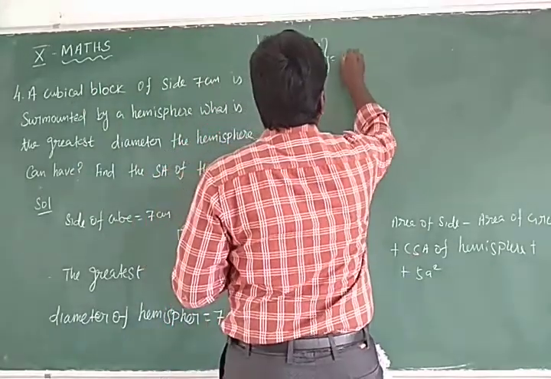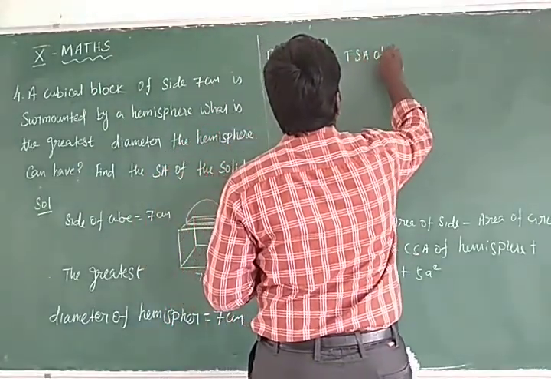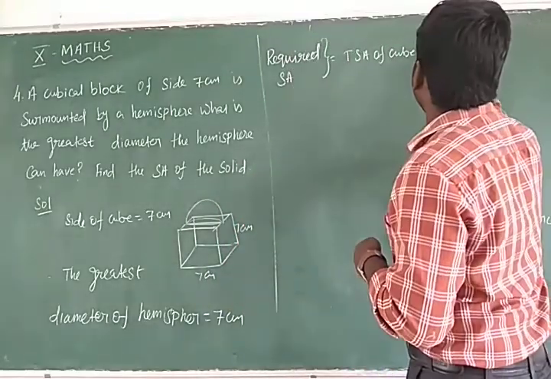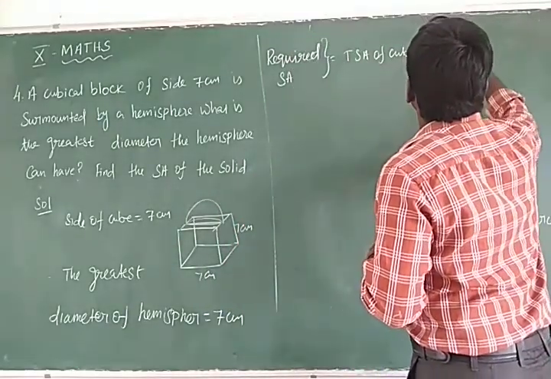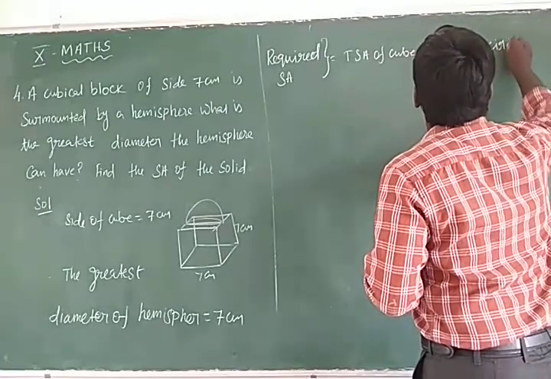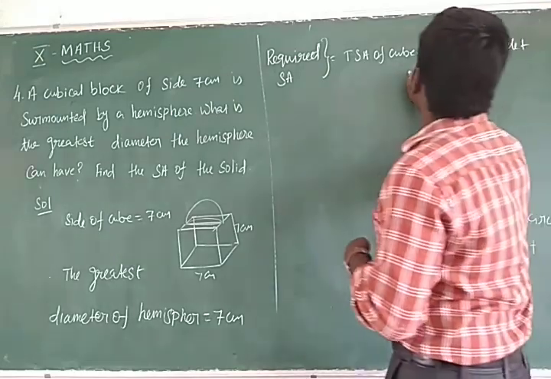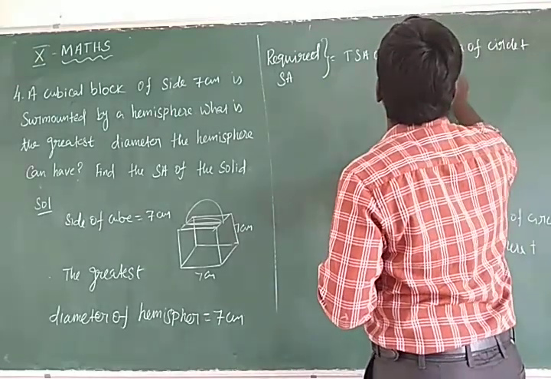So total surface area of cube minus area of circle plus curved surface area of hemisphere.